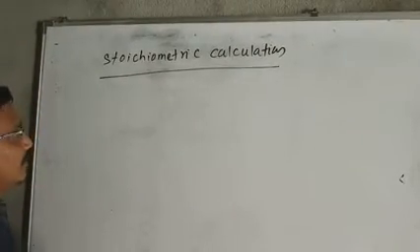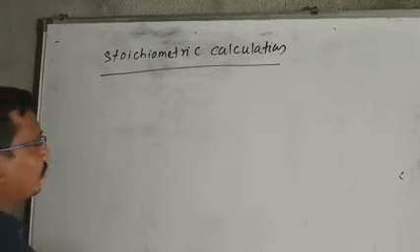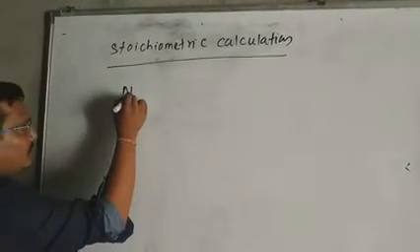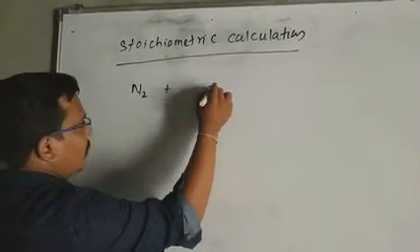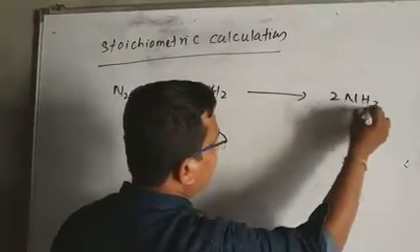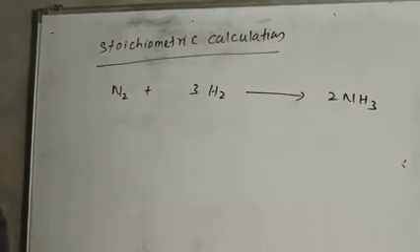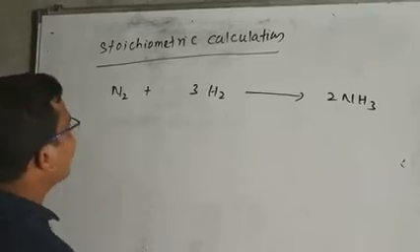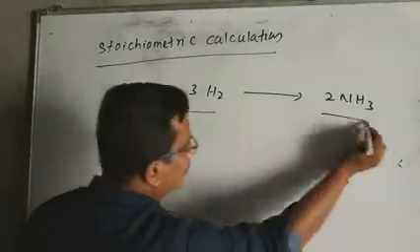Before going to the meaning of stoichiometry calculation, suppose we take a balanced chemical equation: N2 plus 3H2 gives 2NH3. It is a balanced chemical equation. This is said to be the reactant, and this is the product.